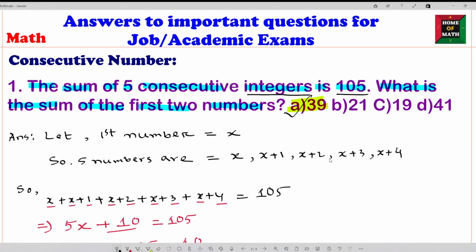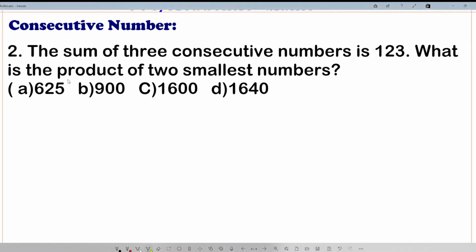In this video we are trying to solve at least 3 problems. Let's start number 2. The sum of 3 consecutive numbers is 123. What is the product of the 2 smallest numbers? Look, here are 3 consecutive numbers, it means an odd count. So here is the first one, second one and third one. First we will find the middle one.